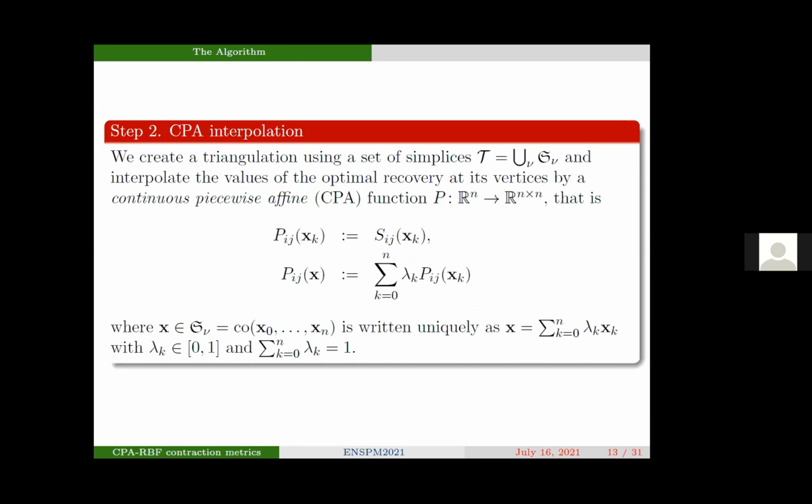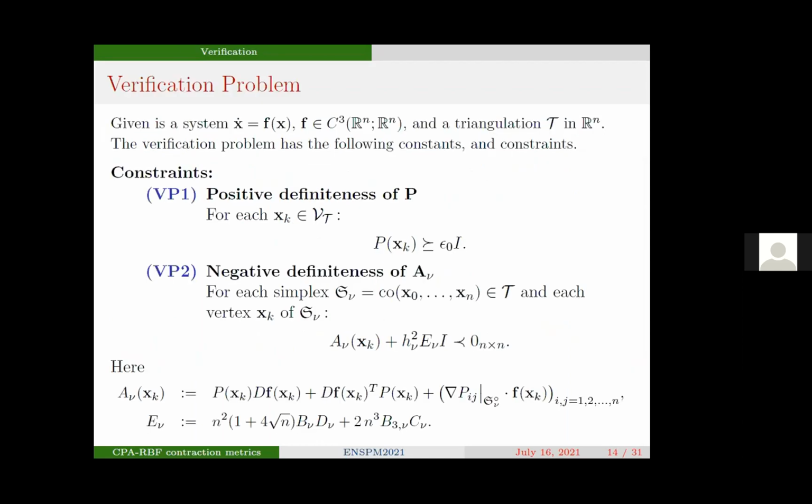Now, what we want to do is check whether this CPA function satisfies the constraints of a contraction metric. So the verification problem consists of two constraints: to check whether P is positive definite at each vertex or not, and the negative definiteness of the operator A_ν plus some error terms.